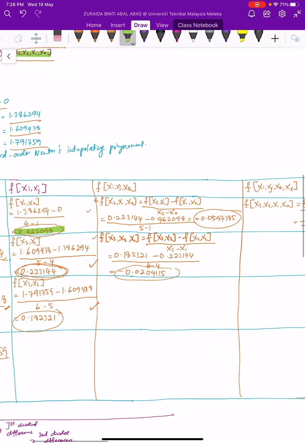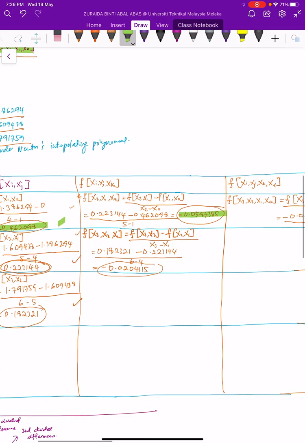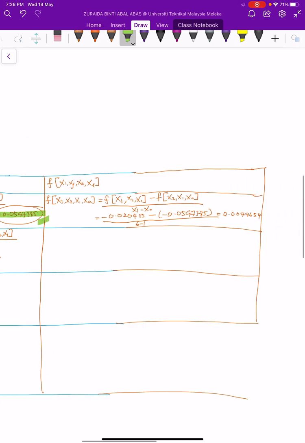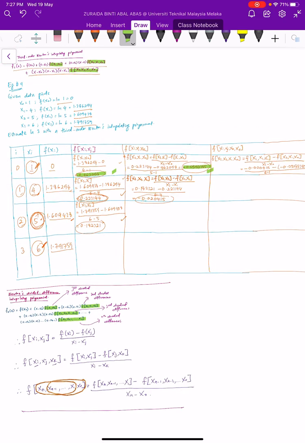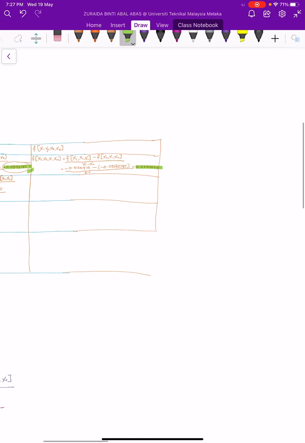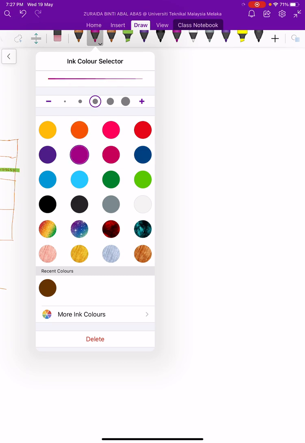So this is the value that you need to plug into the formula. The first row is always what you use. So these are the first divided difference, the second divided difference, and the third divided difference. When you plug into the formula, I have no space in here, so I need to write the solution in here. We are trying to estimate the function.